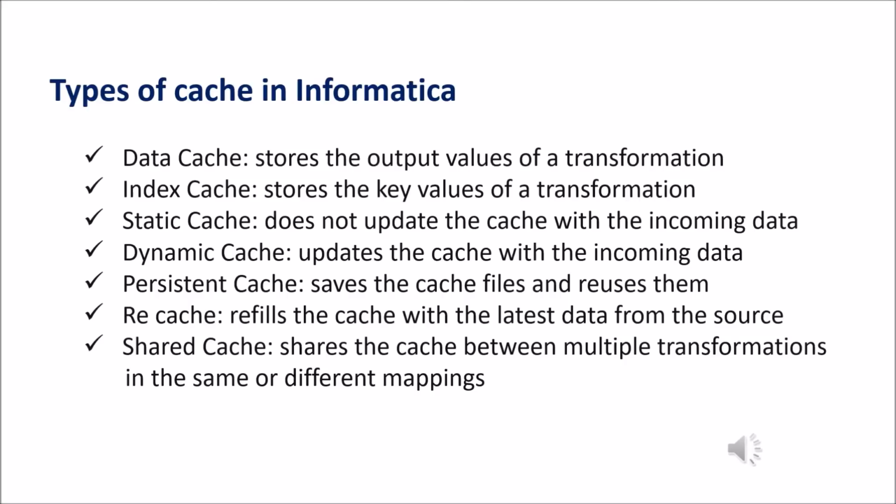If you name that cache, then we can use it in another mapping also. But if you do not name the cache, then you can use it between multiple transformations in the same mapping. So this is like shared memory.